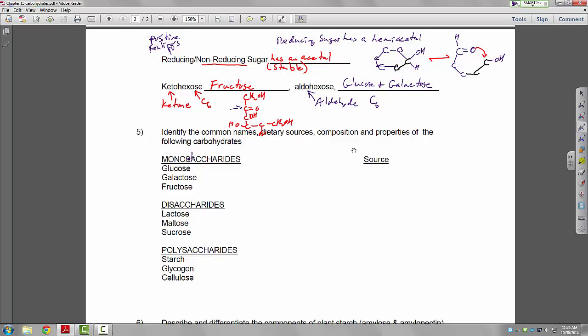Identify the common names, dietary sources, composition, and properties of the following carbohydrates. These monosaccharides don't really have a composition because they are monomers. But the dietary source, now glucose is found in a number of things, but the main dietary source for glucose is going to be cereals and grains.